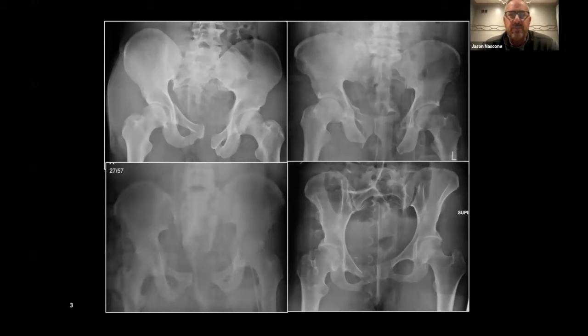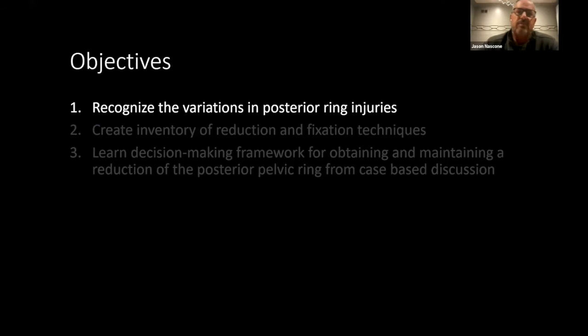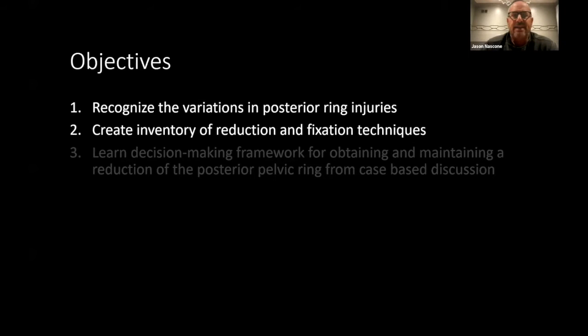So there's a variety of posterior pelvic ring injuries that we can see. They can be dislocations, they can be fractures, they can be combinations of those things. The objectives for the talk tonight are, number one, to recognize the variations in posterior ring injuries. The second is to help you create an inventory of reduction and fixation techniques for the posterior pelvis.